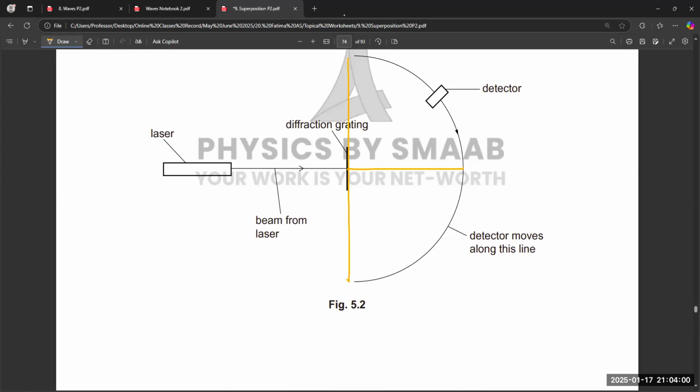Like this. So it will be equal to 180. And we know that in the center we get a zeroth order, right? So in the center there will always be a zeroth order.